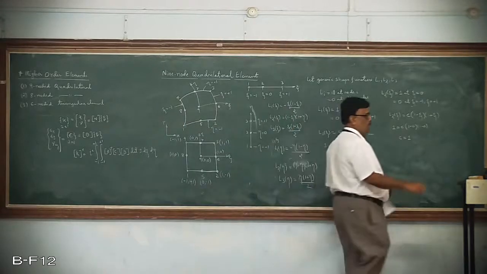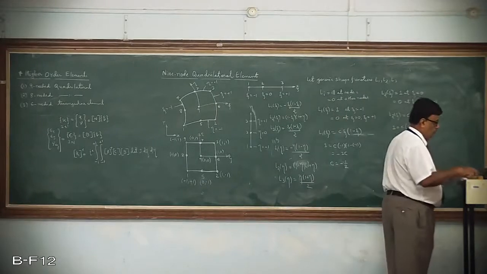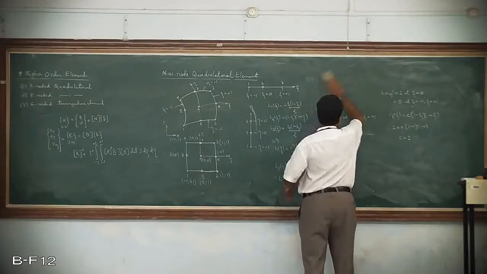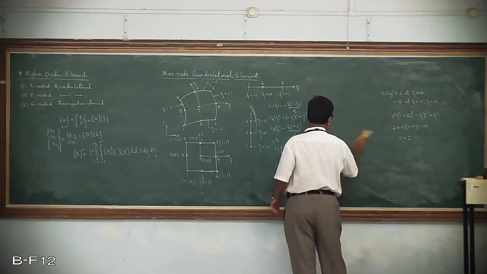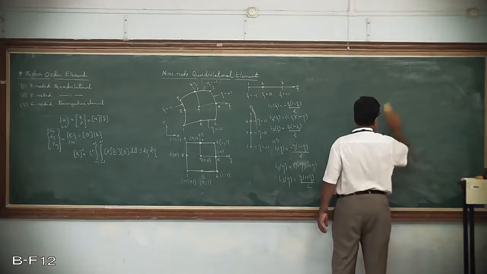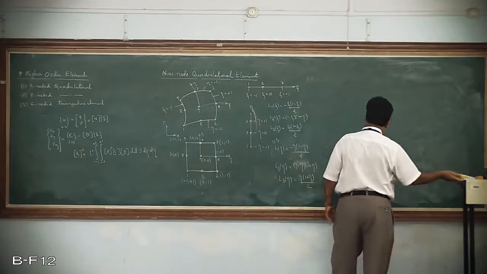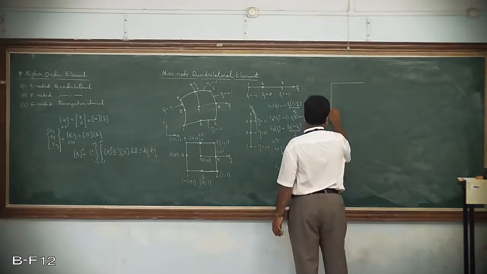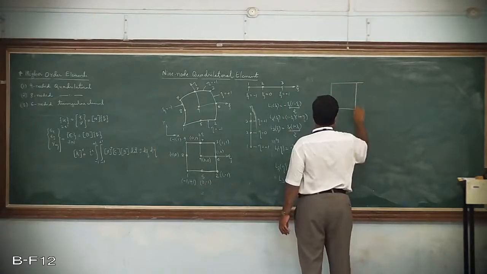Now the question is how to find the shape functions, since these are not the shape functions yet. When I want to find the shape function at a given point, this is the way I will write it. If I take this element, how many nodes are there?